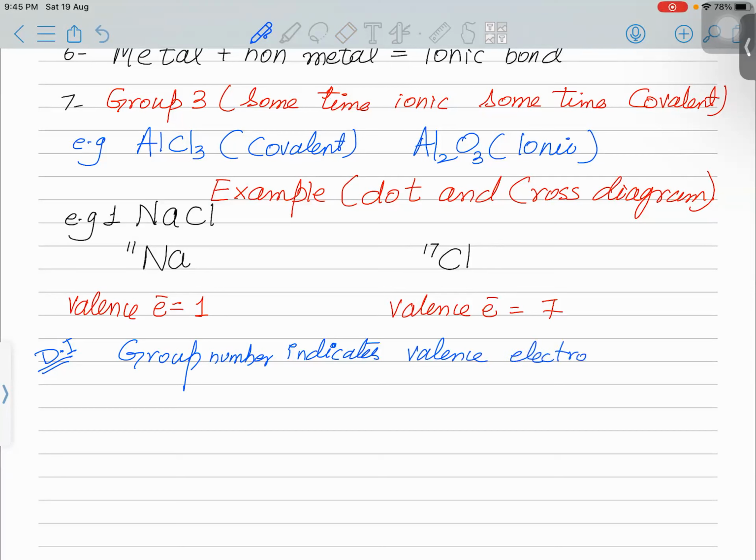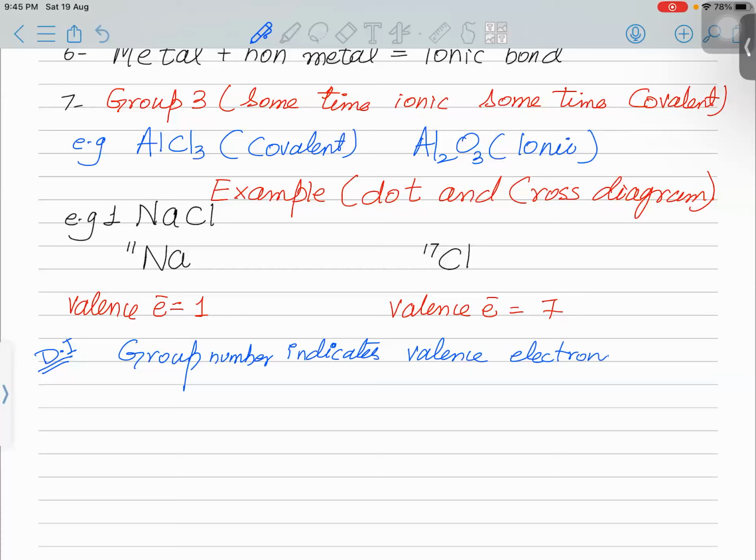Valence electrons are electrons in the outermost shell of an atom. Yes, outermost shell, right?